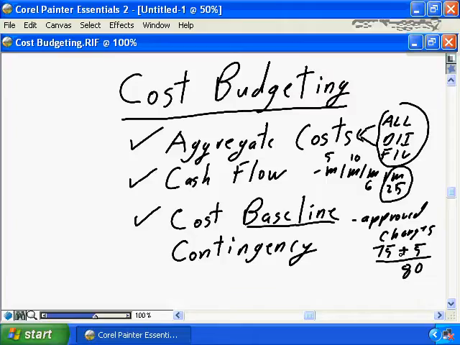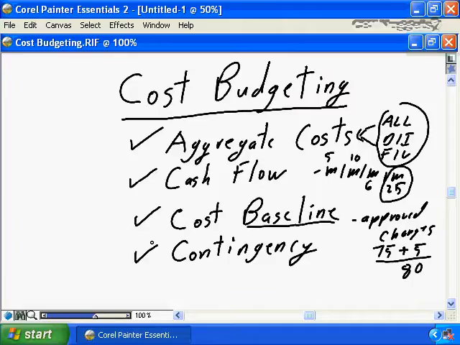That is the measurement, that's the yardstick that's going to be used to determine your project's health in terms of cash management.